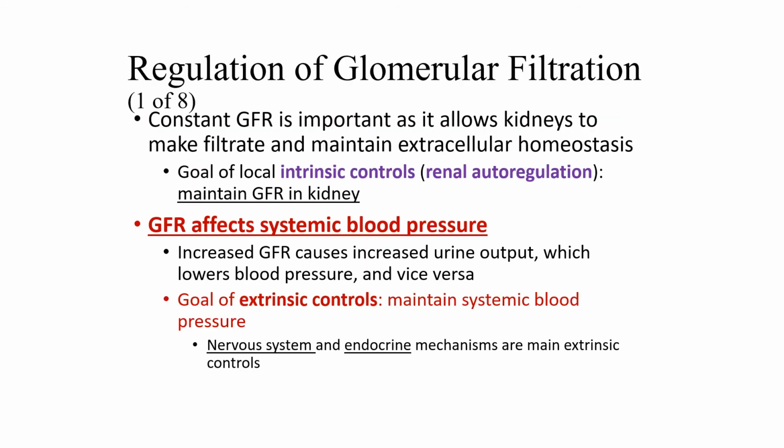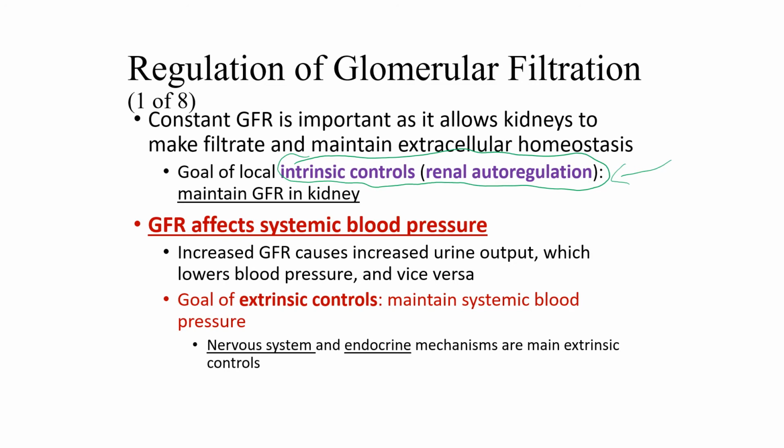So what's going to regulate this? Well, we want our kidneys to be constantly filtering the blood, okay? And so we have to look at the intrinsic controls, which is called renal autoregulation. The intrinsic controls, renal autoregulation.